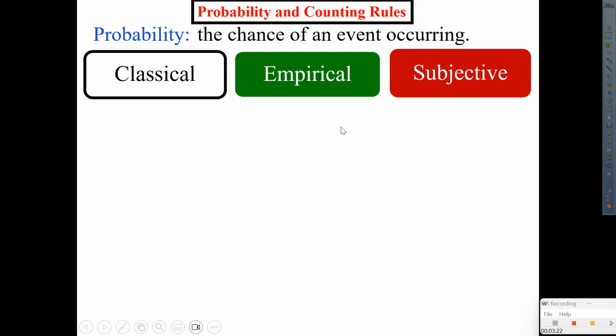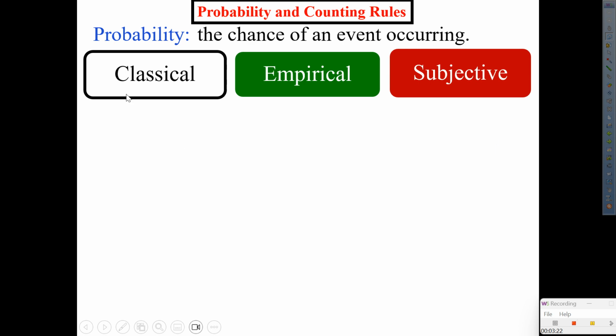And it looks like Arely's got it. Very good, Arely. Lenny's got it. All right, Lenny, I see you. All right, let's see. Classical versus empirical versus subjective. Did I call on Diego already? Diego, call on someone.